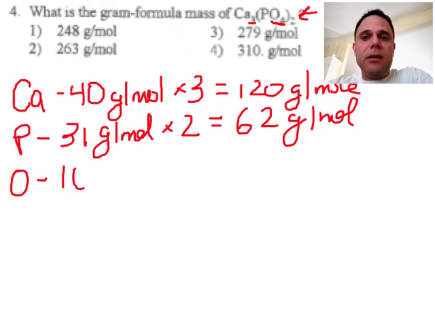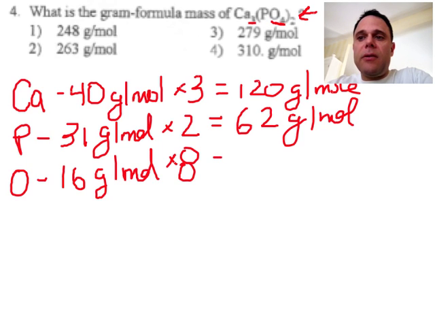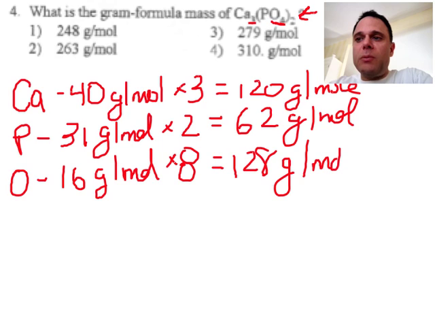Now we have 16 grams per mole times, as we said, 8 oxygens, giving us a grand total of 128 grams per mole of oxygen in this substance.